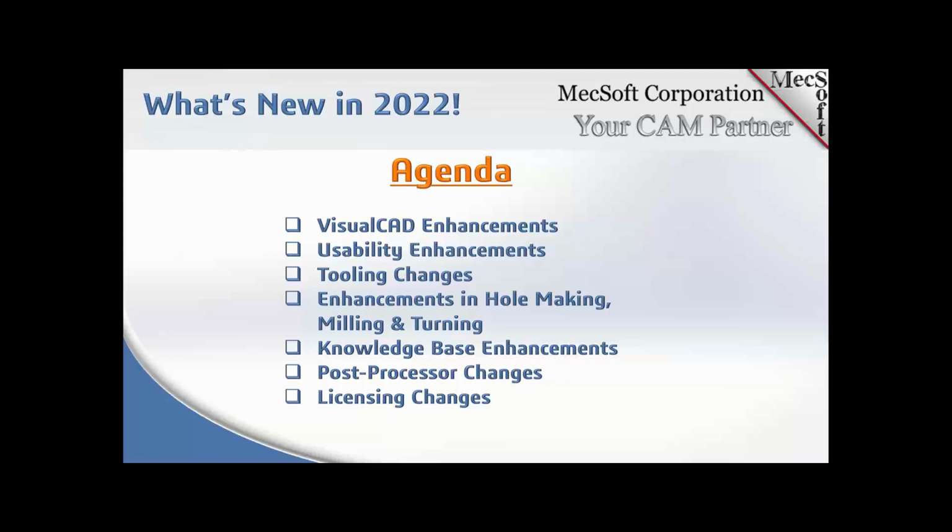Also, we're going to be going over a lot of usability enhancements throughout the product, both RhinoCAM and VisualCAD CAM. You're going to really enjoy the tooling changes that we've done. That's an exciting part that I like a lot.